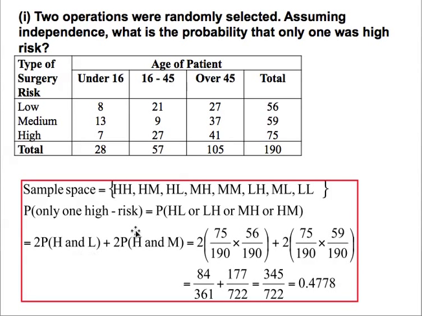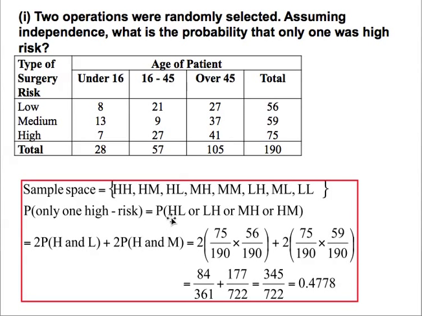All right, so remember they are independent. So we can simplify: the probability of having a high risk surgery and a low risk surgery, and then multiply that by 2. Instead of working out high, low, and low, high, the answer would be the same for both. Okay, you can work it out and you'll see.